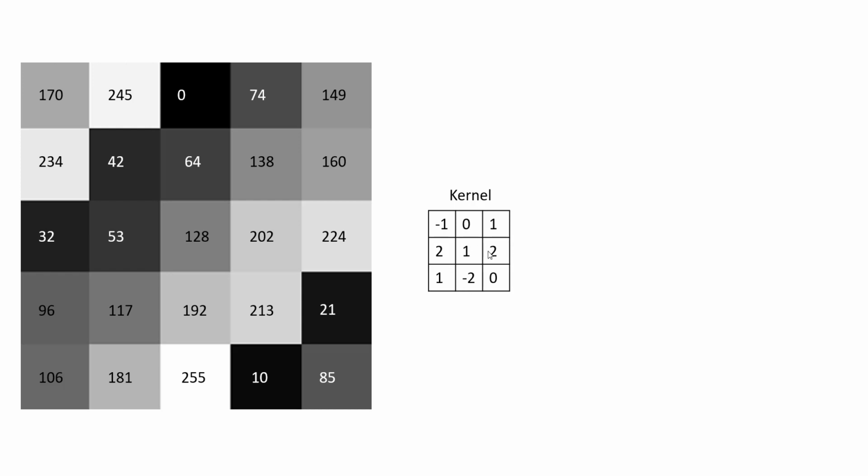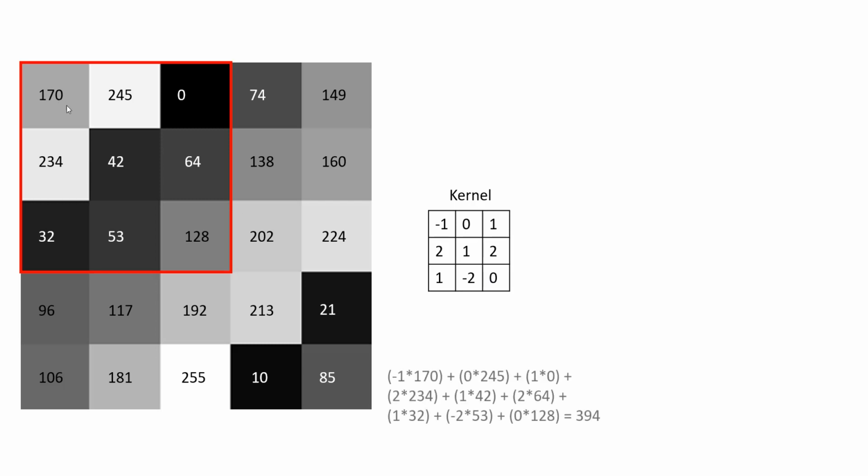When you apply a kernel onto an image, all it's doing is this. It's a 3 by 3 grid, so it multiplies -1 with 170, then 0 with 245, then 1 with 0, and you keep doing this. This is not a matrix multiplication, as you probably learned in high school math. In fact, this is a one-to-one multiplication.